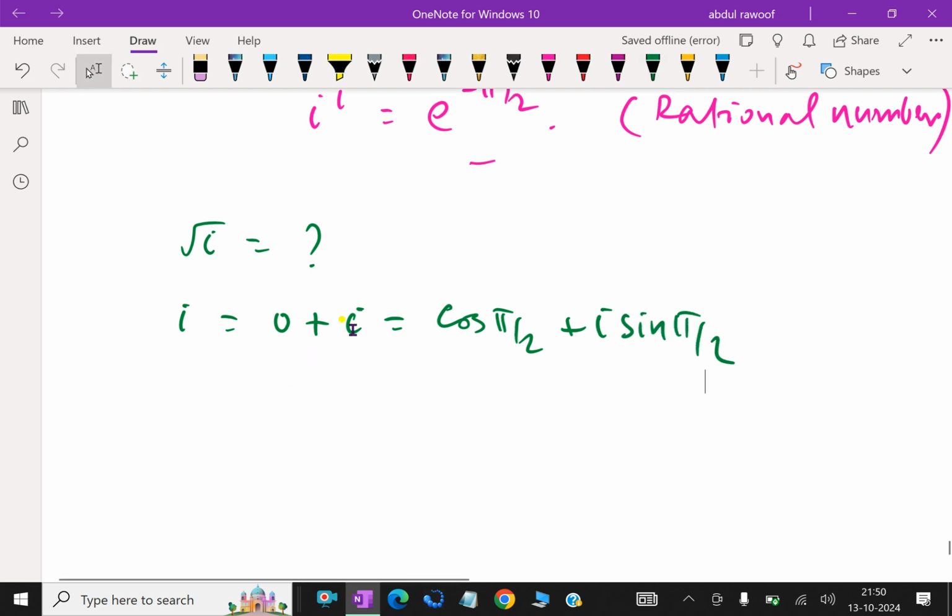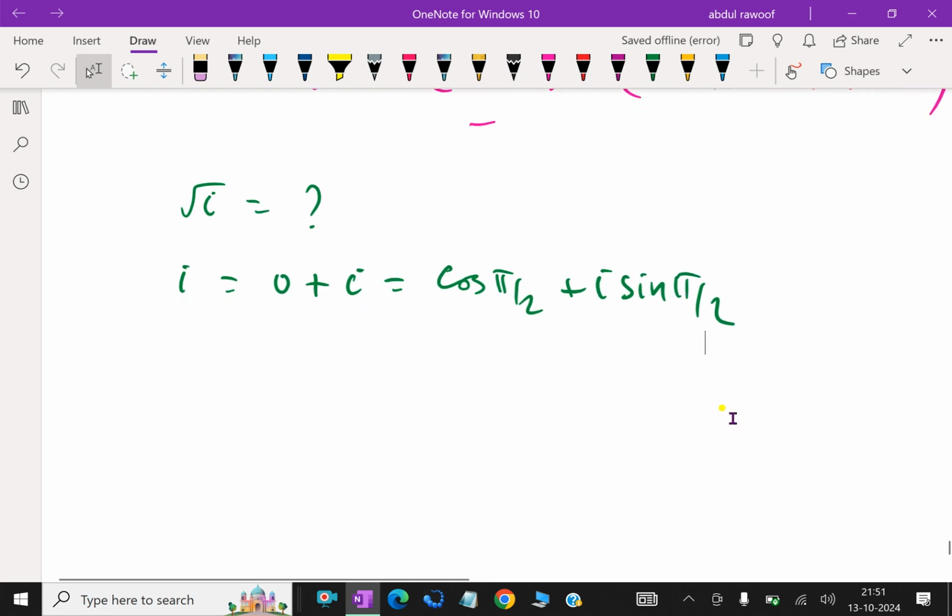Here cos pi by 2 is 0 and sine pi by 2 is 1, so it is i.